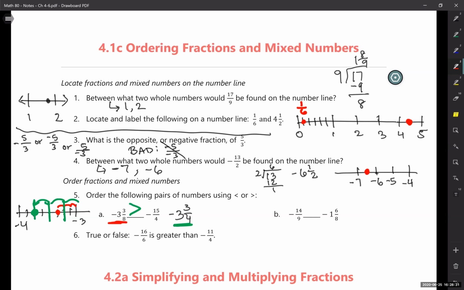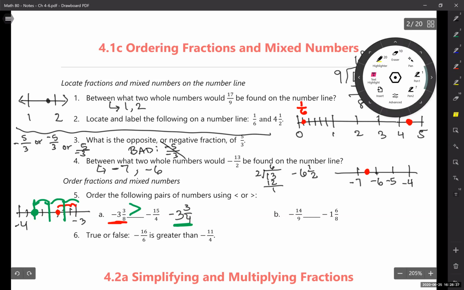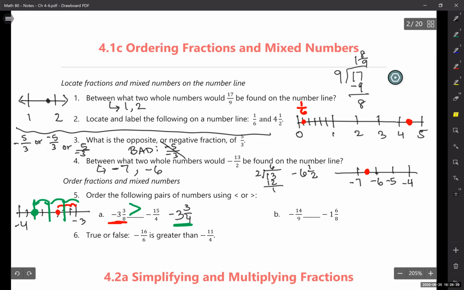Okay, so now looking at B, the right side is already done for me as a mixed number, so I'm going to do the left side. 9 goes into 14. Oh my gosh, I just thought of a much better way to do this. Okay, that's fine. If you like the number line, that's fine. But sometimes with these denominators and negatives, it just gets tedious because they're so close.